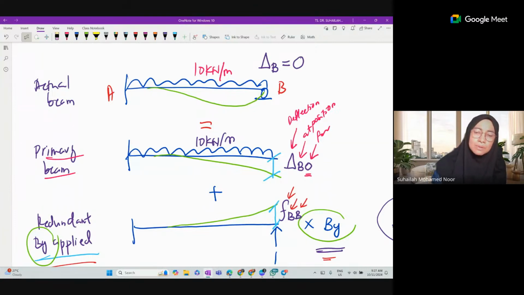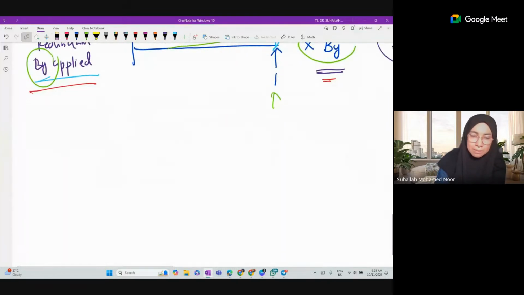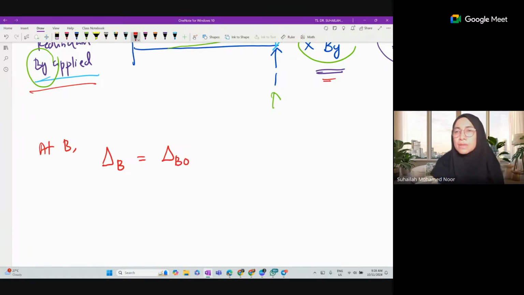Okay, so now at B, the actual beam is delta B. In the primary beam, delta B naught is the deflection at position B. And for the redundant beam, it is actually delta BB.